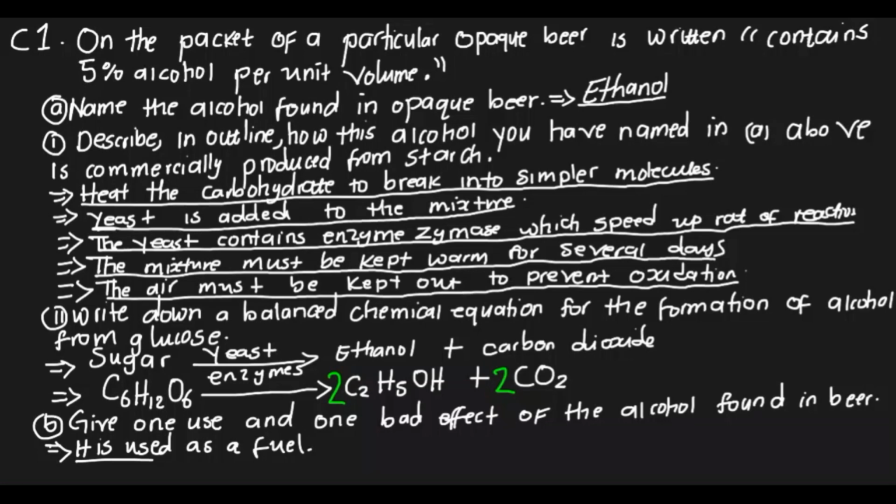If we use it as a fuel, we know that if we react ethanol plus oxygen, that is combustion, so energy is produced, and the products we are going to have are water and carbon dioxide.